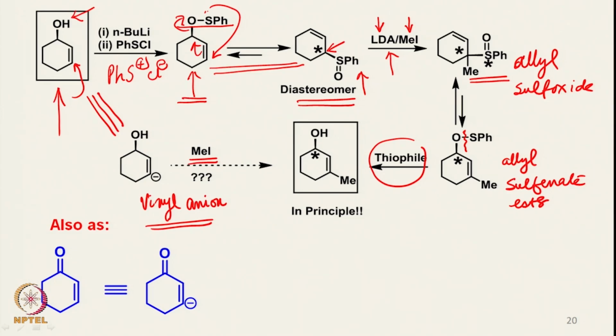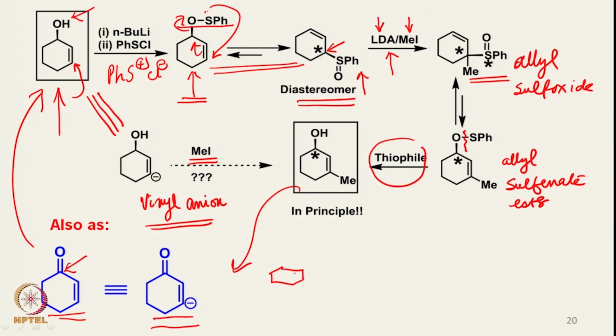We can also do, after we have done this particular set of reactions, one can start with even an enone, and essentially what we are saying is it is a vinyl anion equivalent. That means we can reduce this alpha,beta-unsaturated ketone to the corresponding allylic alcohol, and we can oxidize this allylic alcohol to the corresponding methyl ketone here.